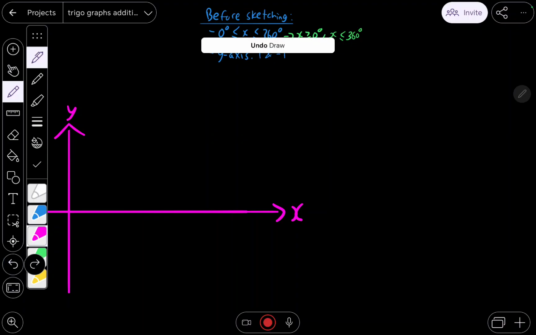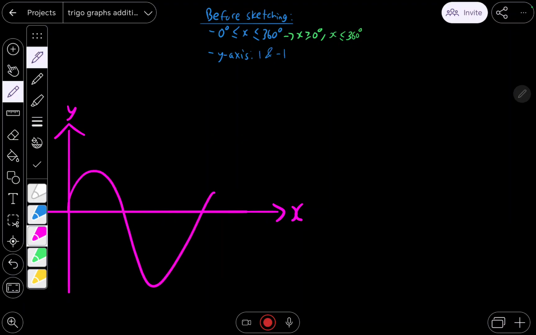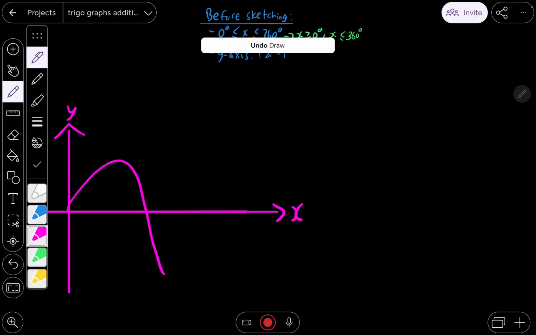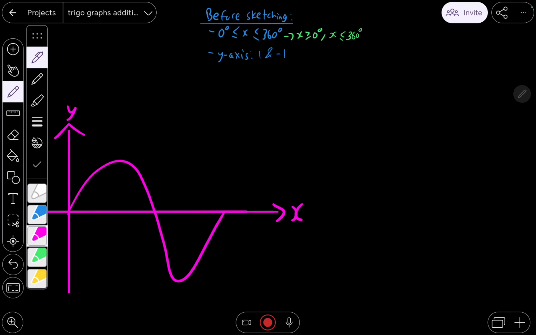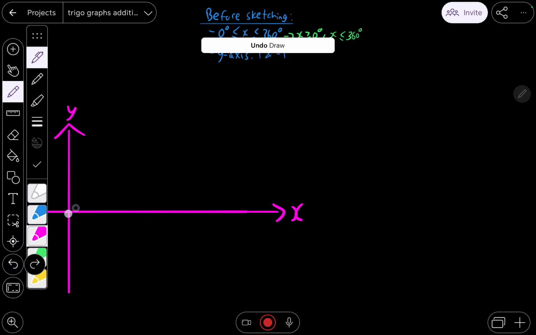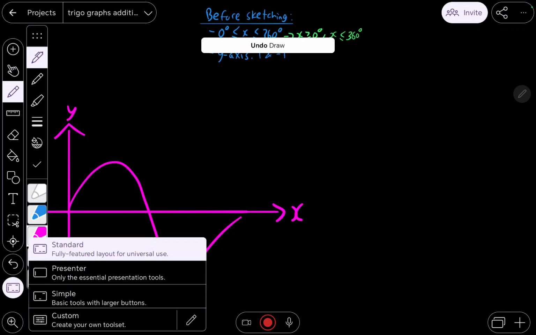Okay, so in a positive sine x graph, you will know that the shape, actually I'll erase this because I'll write it later on, yeah. But this is on sine x, positive sine x. Alright, so the shape will look like this. Hold on. Wait a minute. It doesn't look right. Okay, hold on.